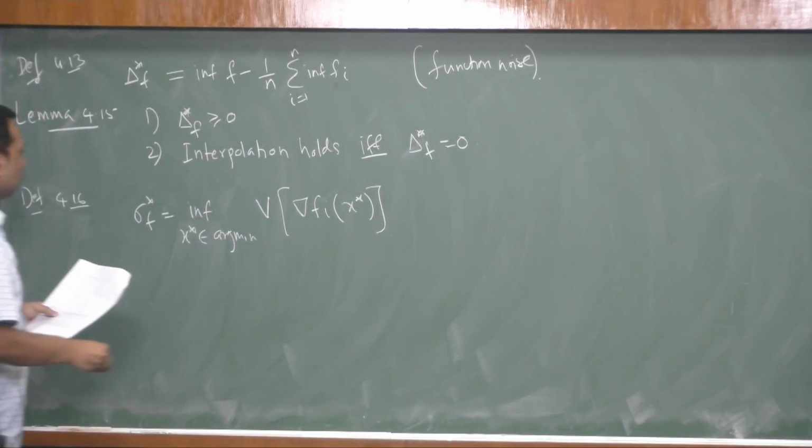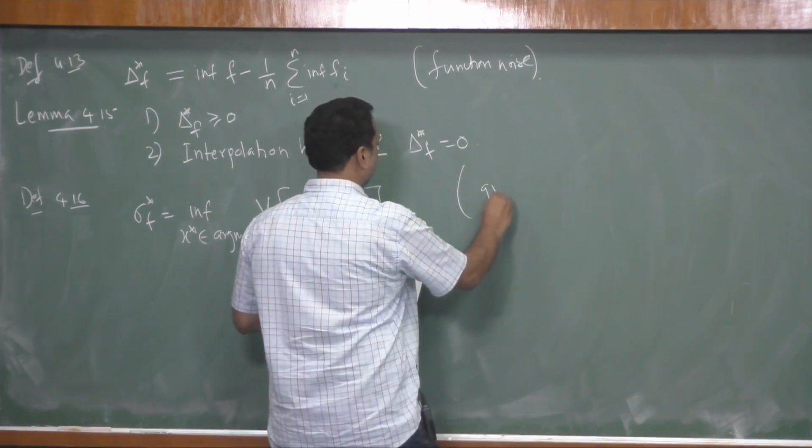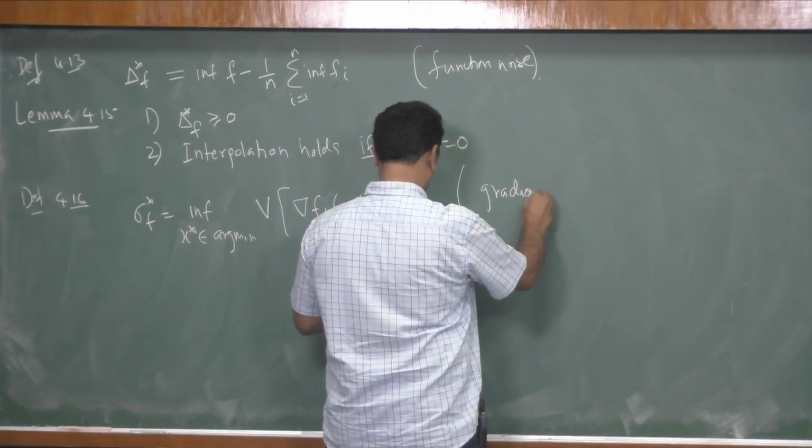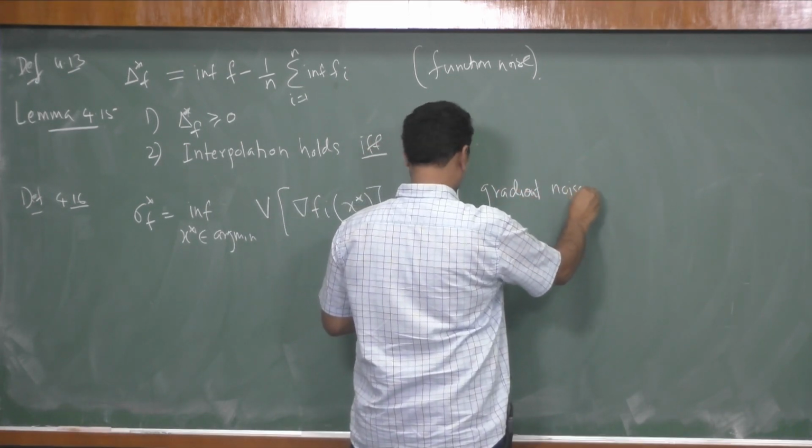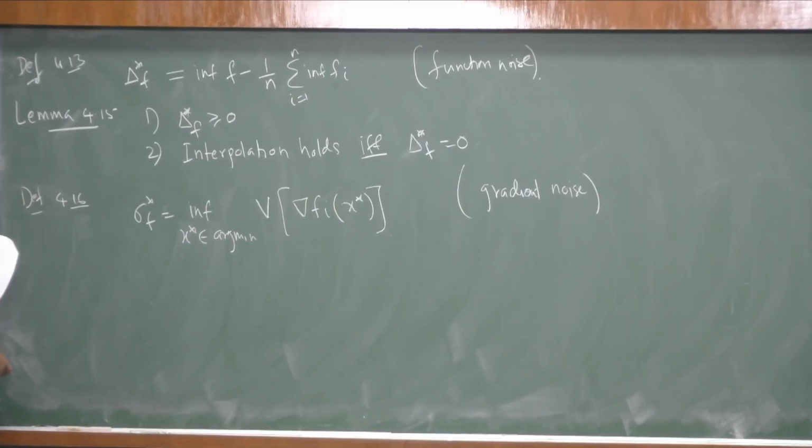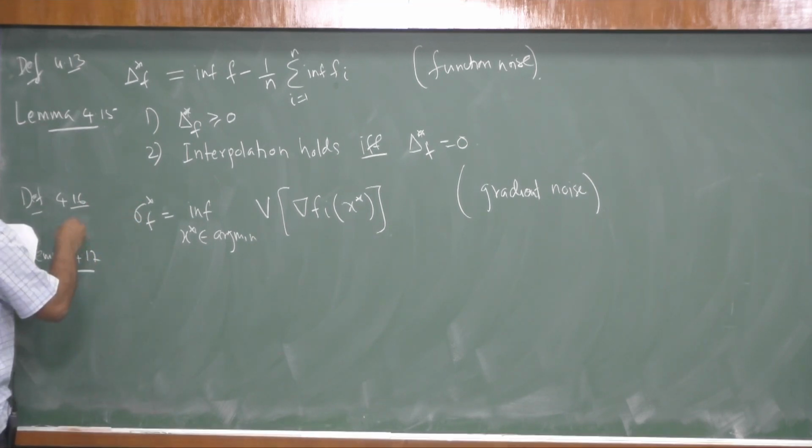This we call gradient noise. And then we had this lemma 4.17. All this setup is being done to study stochastic gradient descent.